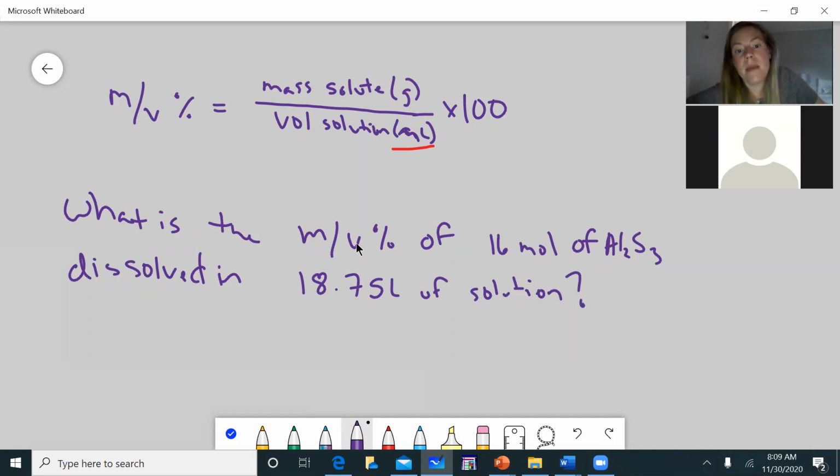I will give you about 3 to 5 minutes to work on that. Look at what you need your units in. Notice what units are given to you.